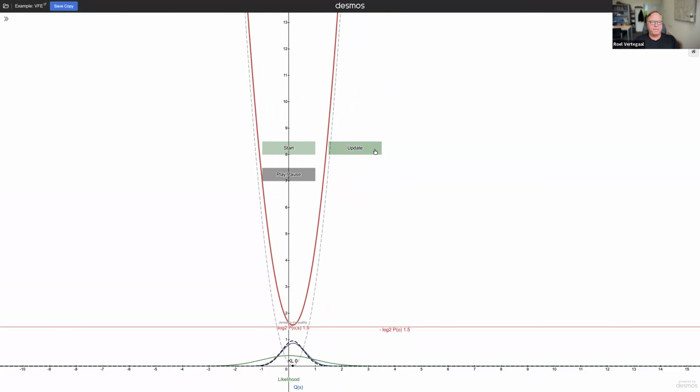And of course, negative log PO is the big question mark in this whole story because it's a normalization factor that we don't know in the Bayesian equation.